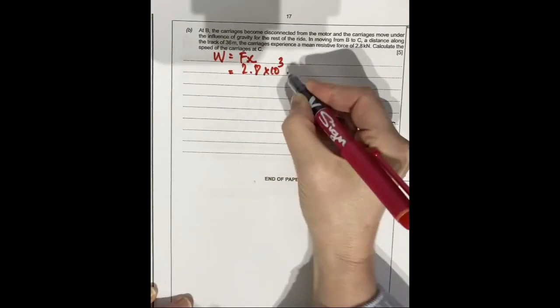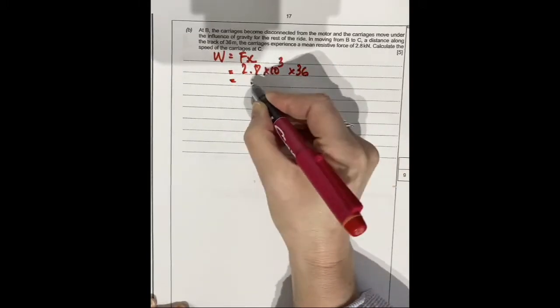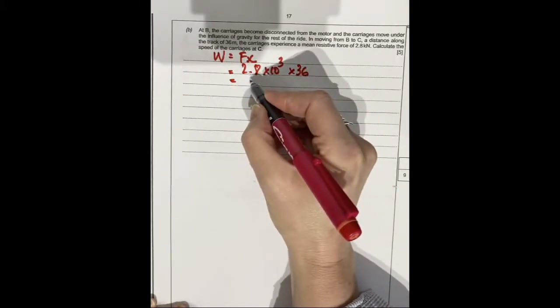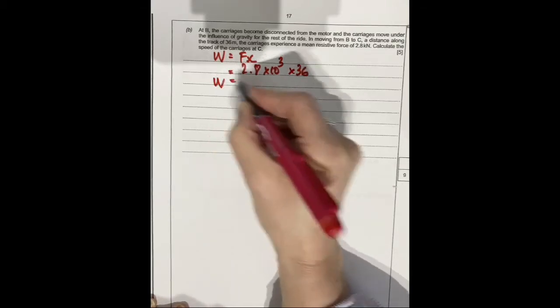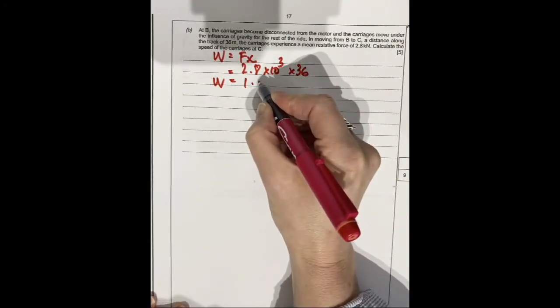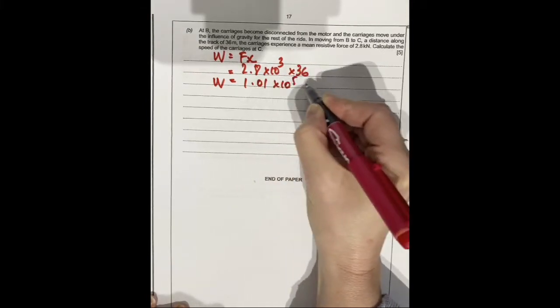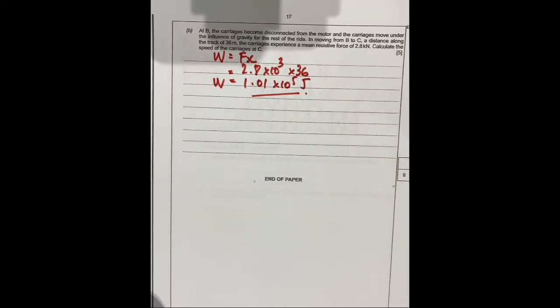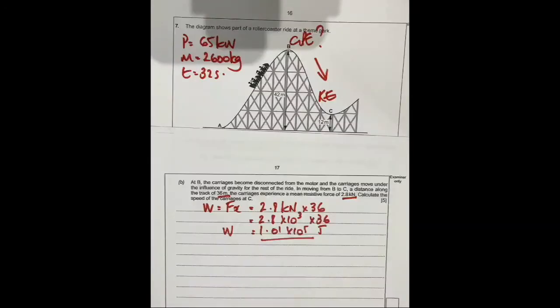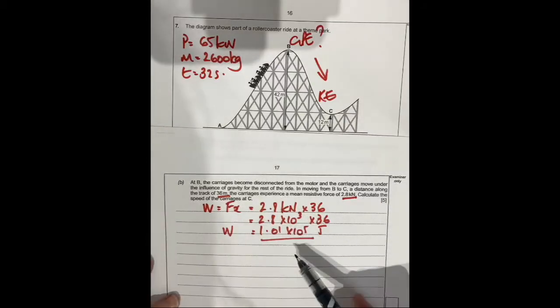So I'm going to do 2.8 times 10 to the 3 multiplied by the distance of 36 meters. So W equals, put that in your calculator, 1.01 times 10 to the 5 joules. Okay, so we've got the work done against friction.